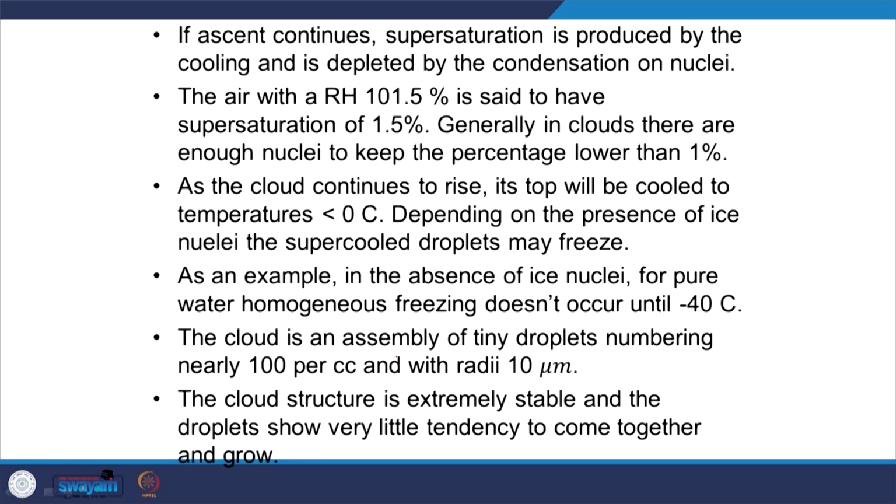Now if the ascent continues as it is, the supersaturation is produced by the cooling and is depleted by the condensation on nuclei, right. The air with a relative humidity of, let us say, 101.5% is said to have a supersaturation of 1.5%. Generally in the clouds, there are enough nuclei to keep this percentage lower than 1%.